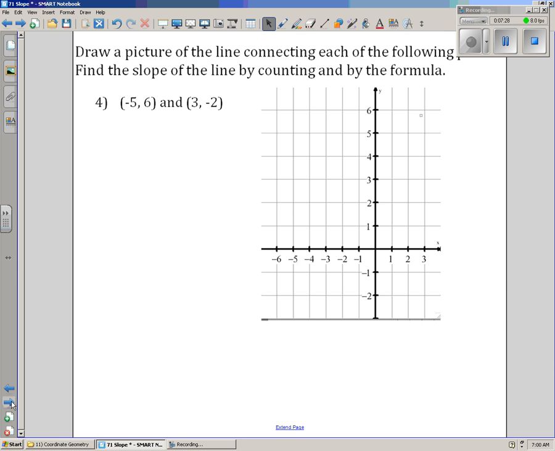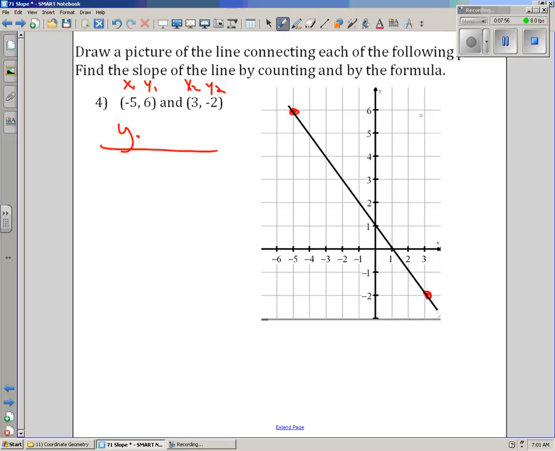All right, and number 4, we're doing the same thing. Negative 5, 6. And 3, negative 2. And I'm actually going to use the formula first this time. Doesn't matter. So I'm going to label my points x1, y1, x2, y2.